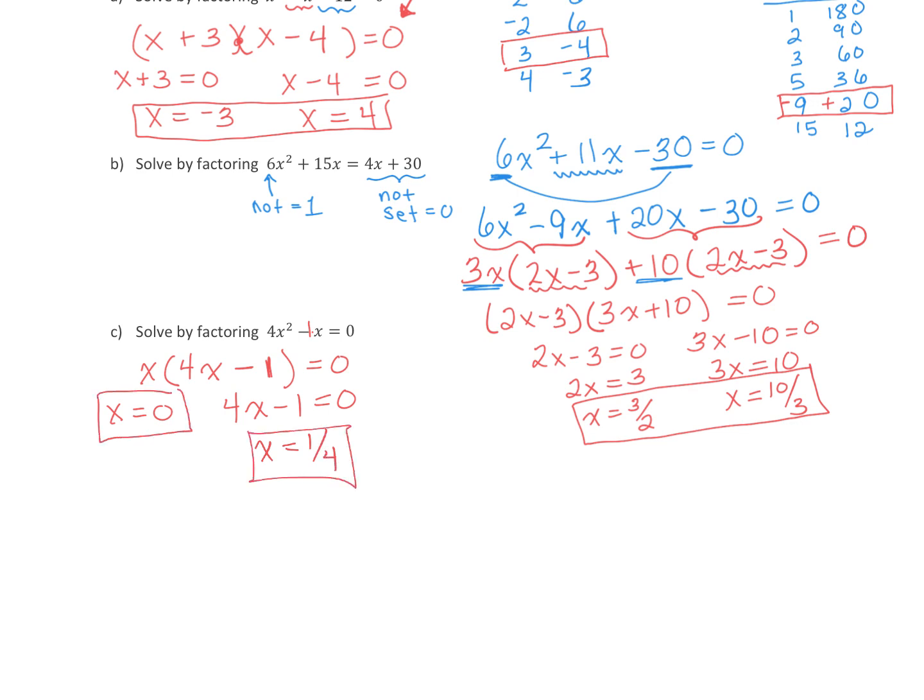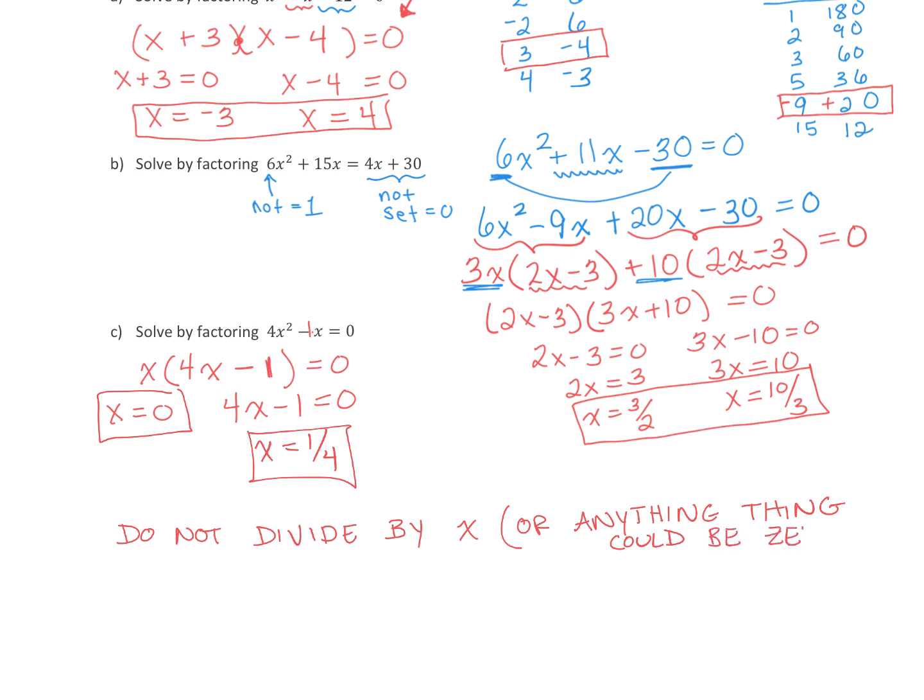It's really, really important that we do not divide by x or anything that could be 0, since we don't know that x is not 0. If we divide by that, watch what happens.